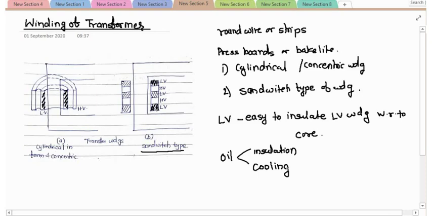Whatever heat is generated in the winding and the core is carried by the oil to the external surface of the tank. And also in very large transformers, cooling tubes are provided to increase the surface area of the tank for more effective cooling.